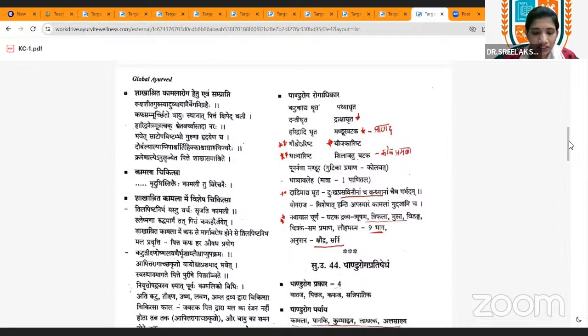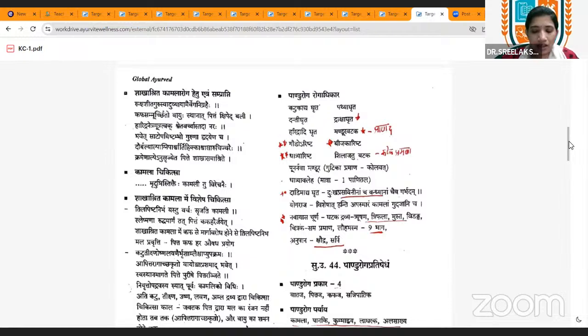And in Shakhashrita Kamala, the Lakshana that we have already learned is pita color to the Twak, Netra etc. and white color to the Purisha. The treatment principle is Vata Kapha Shamanam and Pitta Vardhaka. Please note that Kapha Vata Shamanam and Pitta Vardhaka treatment is mainly given in Shakhashrita Kamala.